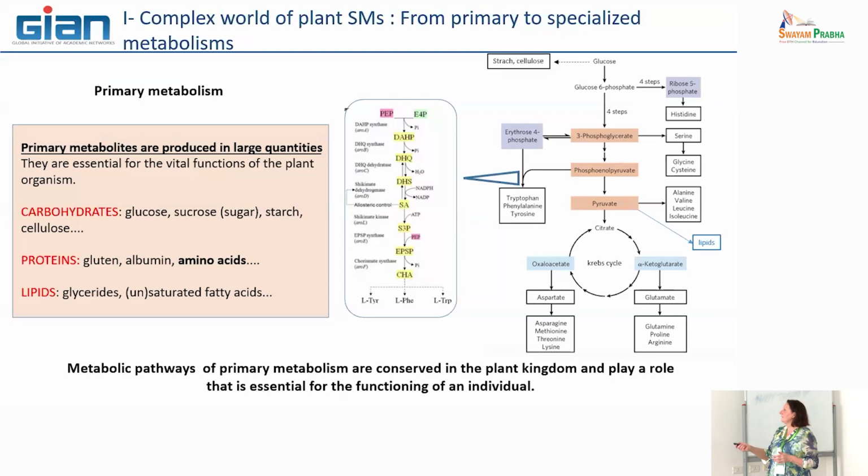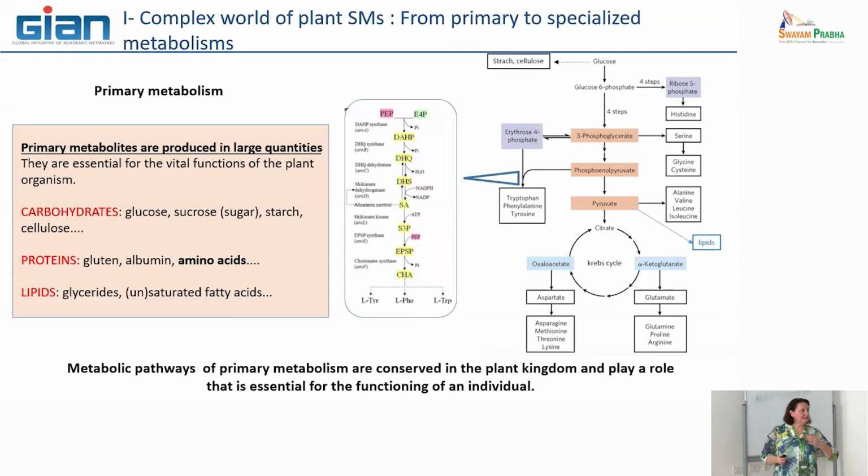For producing tryptophan, phenylalanine, or tyrosine, you have two precursors, erythrose phosphate and phosphoenolpyruvate, and you need 1, 2, 3, 4, 5, 6, 7, 8 steps to have the final amino acid. Each step is catalyzed by one particular enzyme, so you need to have this functional in the cell to have the rest of the metabolites.